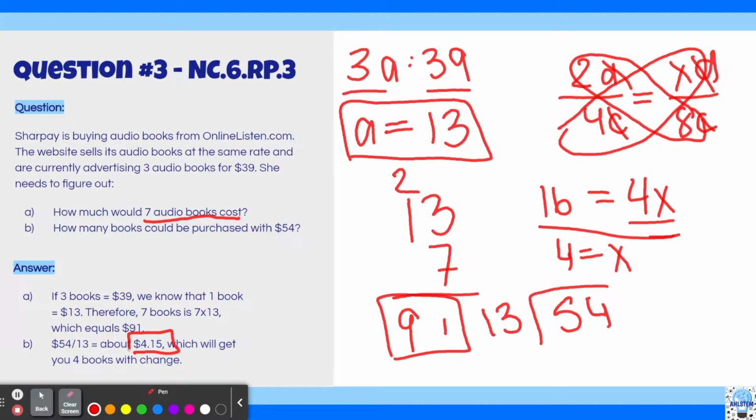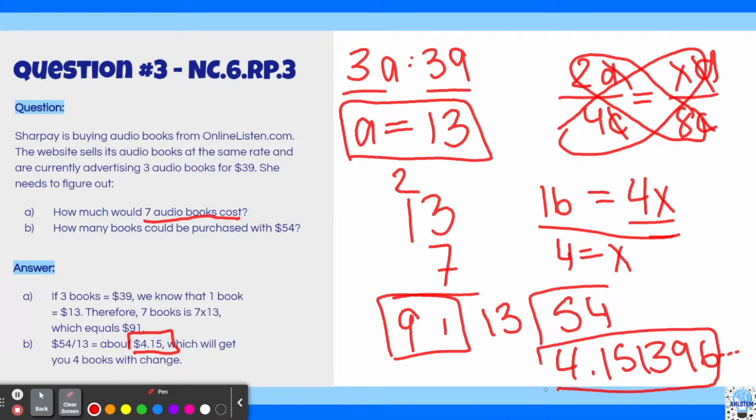This answer is listed with the word about, meaning the true answer is probably 4.151396 whatever. It's going to go on forever, but that's not how we write money. We always want to round to the hundredths place. So here it would just be rounded to 4.15.